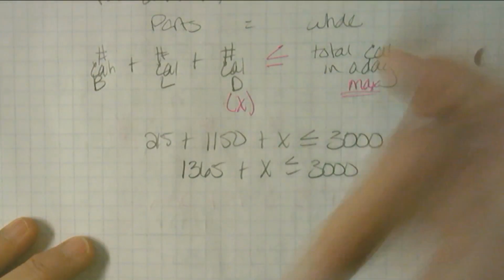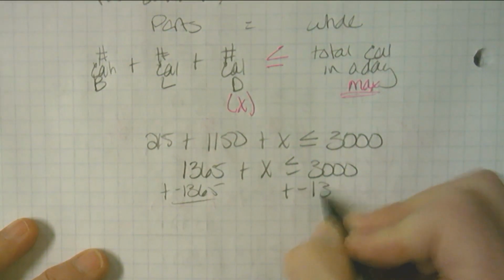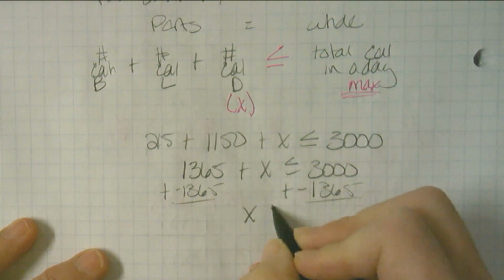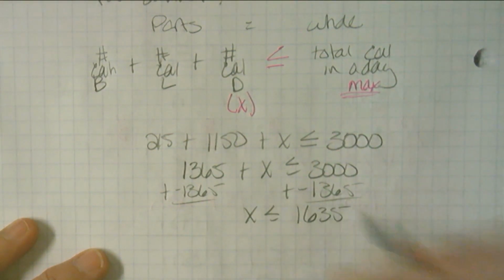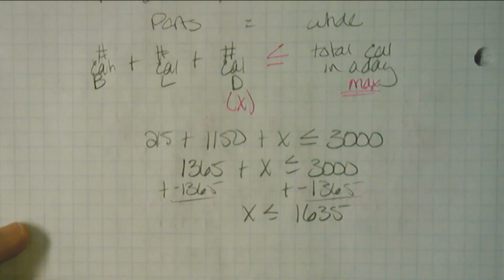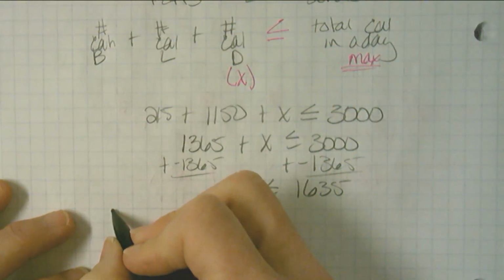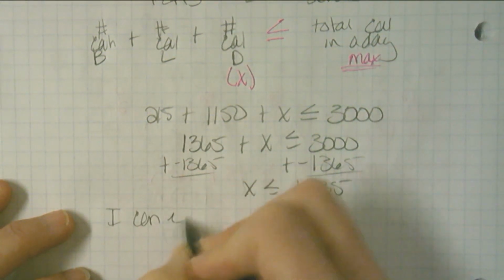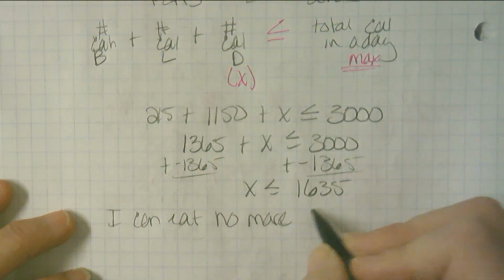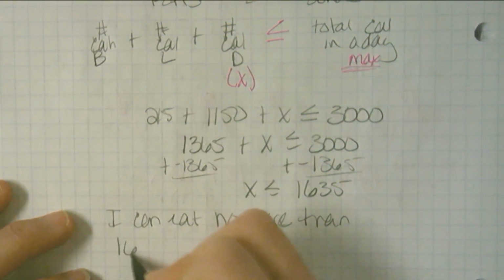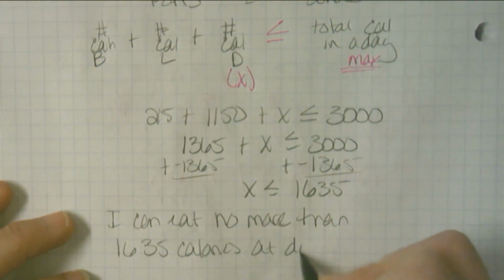Sweet. $1,000. Excellent. So what does that mean? Excellent. Nice job. I can eat no more than 1,630 calories at dinner.